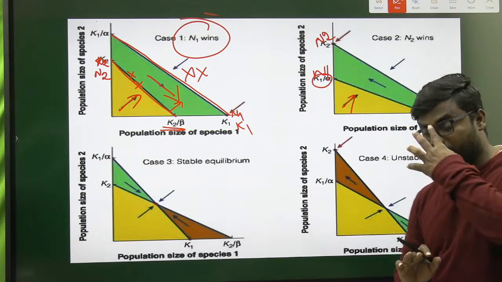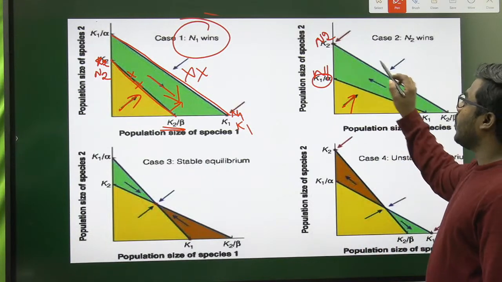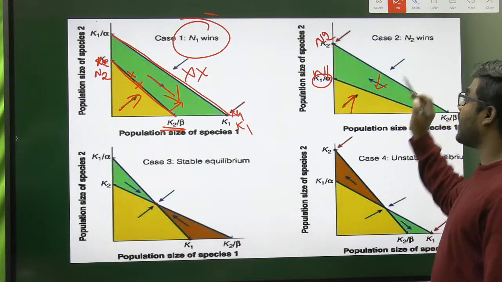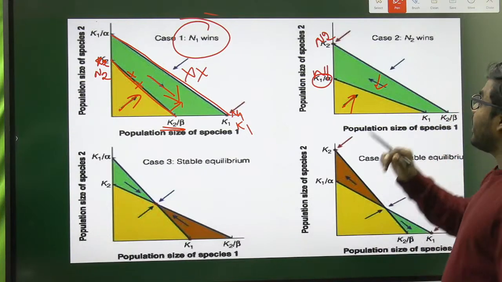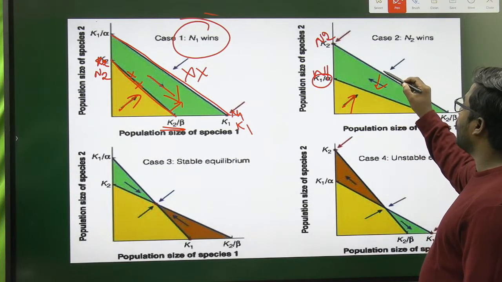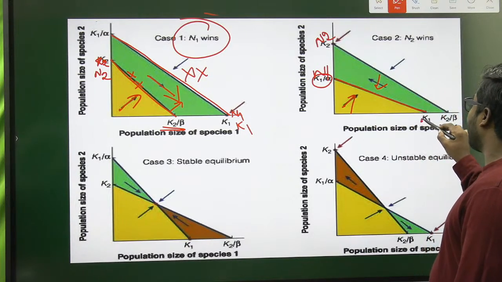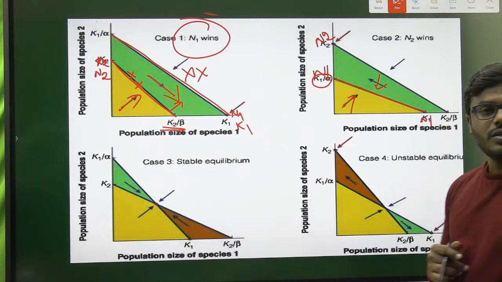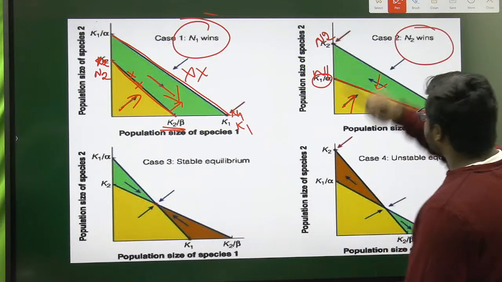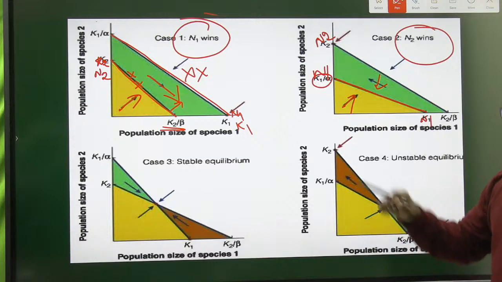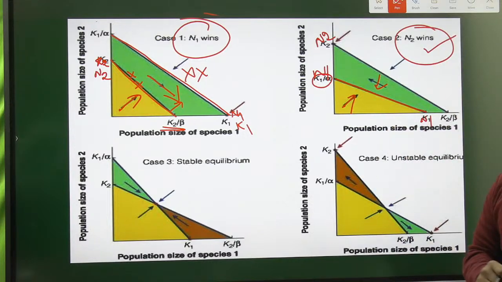Absolutely true statement. N2 can grow below its isocline point. True statement. But at the same time, N2 can grow above the isocline point of N1 also. So that's why in this case, who is going to win, friends? N2 is going to win.